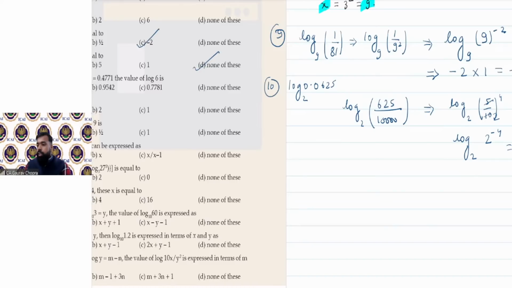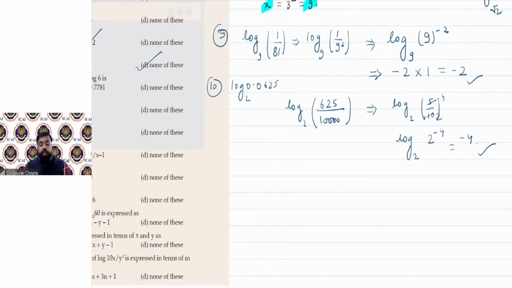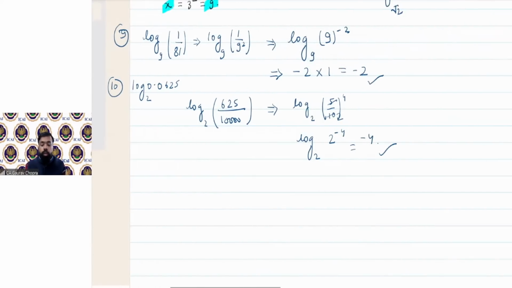Then Krishna says, please repeat the second step of question 10. See, here the first step is we have to remove the decimal. After the decimal, what we have done? We have done the cancellation. 5 by 10 to the power of 4. So from here, it becomes 1 by 2 to the power of 4. Now you can take 2 in the numerator.